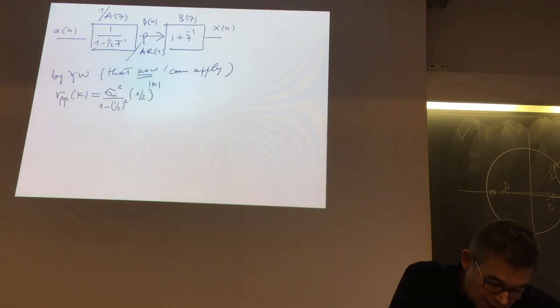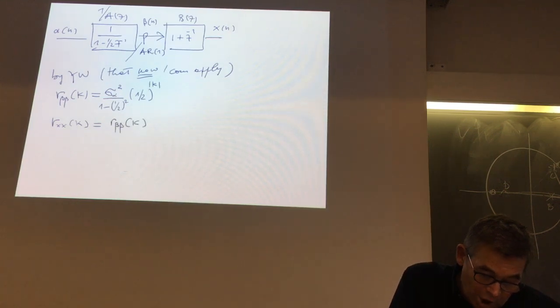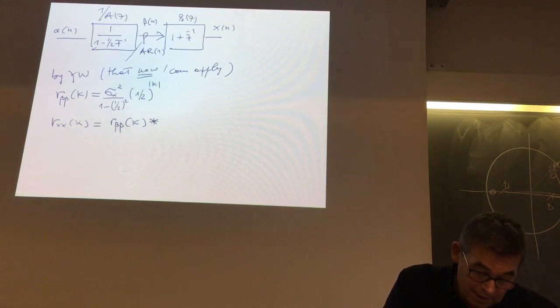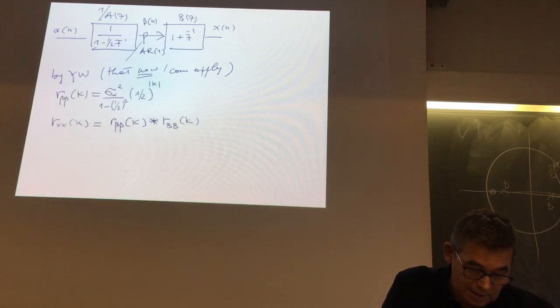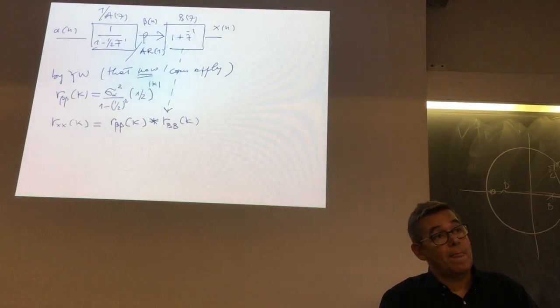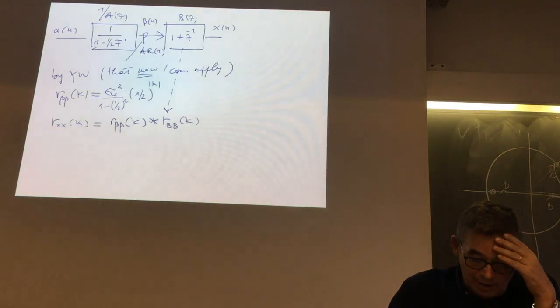So what is Rxxk? Now Rxxk is R beta beta k convolved by R b b k, which is obtained by the filter. Now we need to calculate RBB.